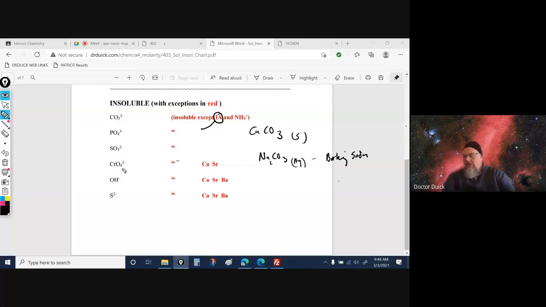Otherwise, carbonates are normally insoluble. So lithium carbonate, Li2CO3, sodium carbonate, Na2CO3, potassium carbonate, K2CO3, and these are obviously 2s in here. These guys are all soluble. They are the exception, okay? Now, most of these guys down here are going to be insoluble.